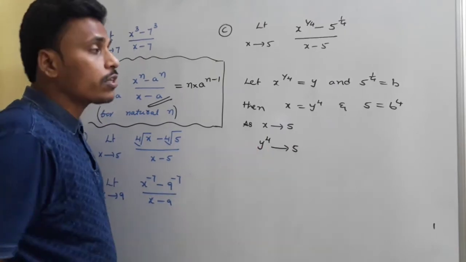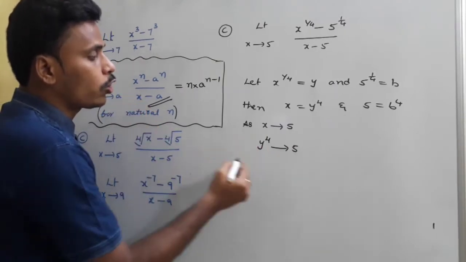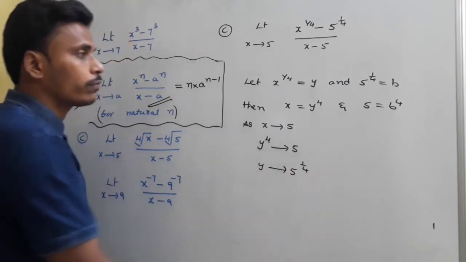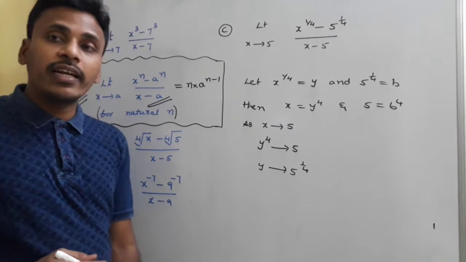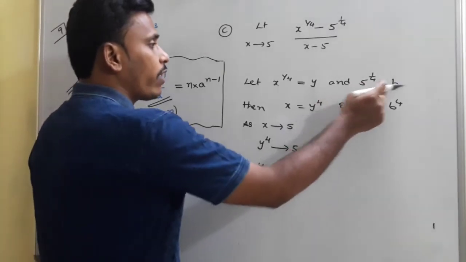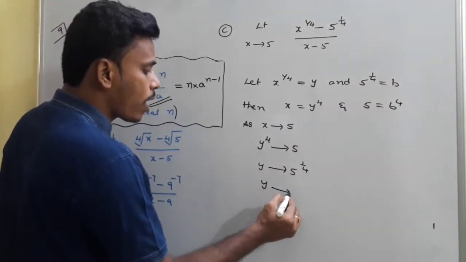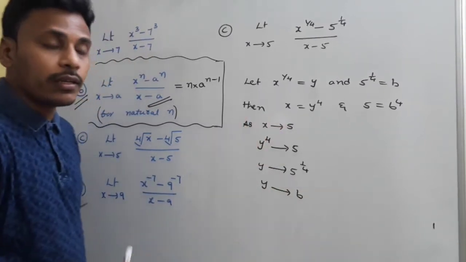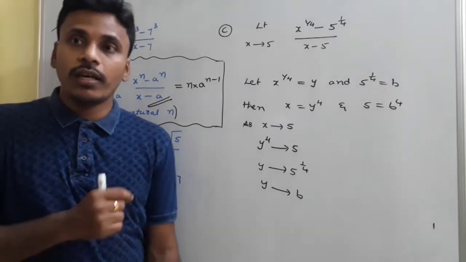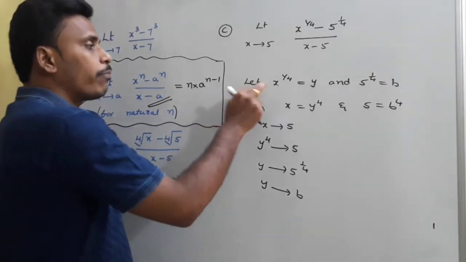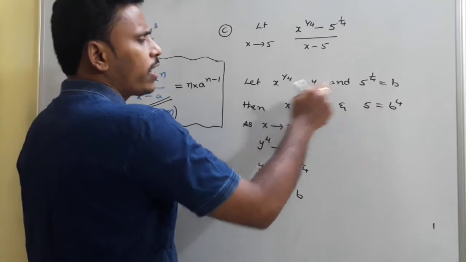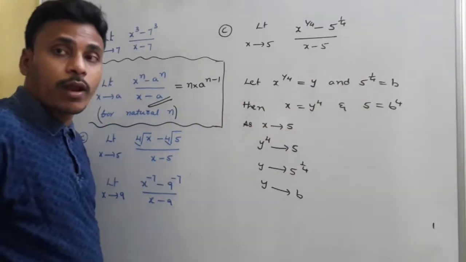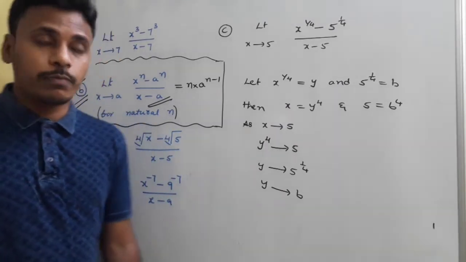Then y is tending to 5 power 1 by 4, and that 5 power 1 by 4 is simply b, so y is tending to b. So as x is tending to 5, y is tending to b. Y and b are our requirements actually. To solve the problem, I consider x power 1 by 4 as y and 5 power 1 by 4 as b.